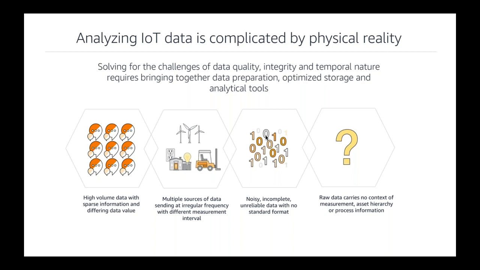Also, when you look at the raw data coming in from IoT devices without additional context around it, it becomes of very little value. For example, you're getting some data from sensors.